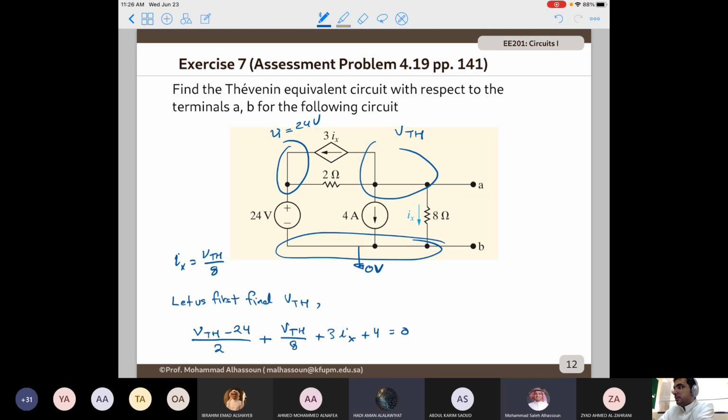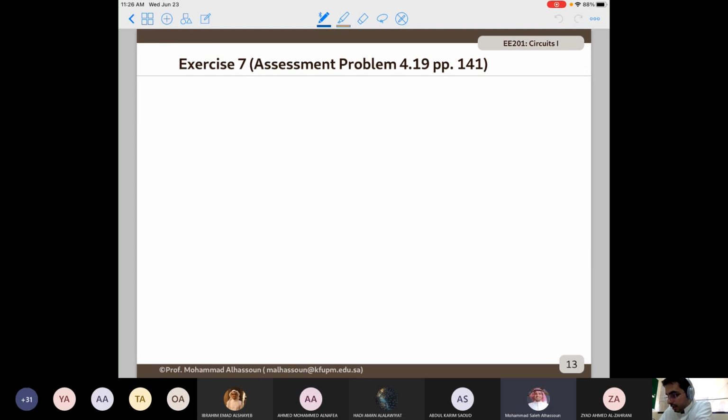If we simplify it, we will get this one. We know that, like I said, Ix is V Thevenin divided by 8. So we simplify the equation to be all in terms of V Thevenin. The resultant Thevenin voltage is 8 volts.